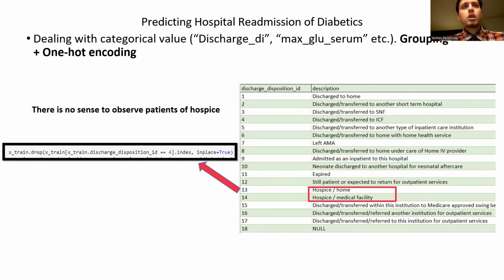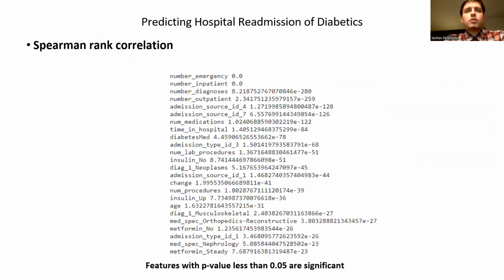But there are several discharge disposition IDs which are related to hospice, transferring to the hospice, or that the patient died. So we can remove them from our analysis. Why? Because there is no sense in checking whether a person who will die in a short period of time will be readmitted. There is no reason to make any analysis for them, because they will definitely be readmitted soon.